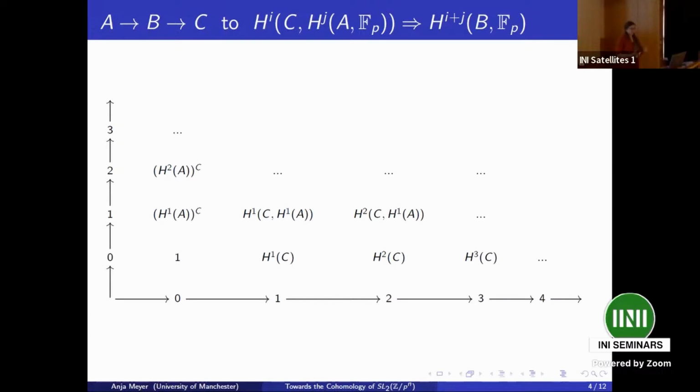So the 0th cohomology group is always the invariant module of the coefficients under the group action of the group itself. So we just look at the invariant ring of the cohomology of A under the group action of C. Because what I have not said earlier, which is quite obvious here now, is we always have a group action of C on the cohomology of A.